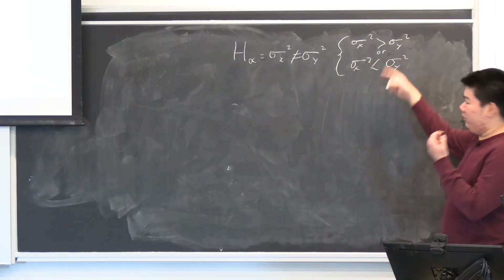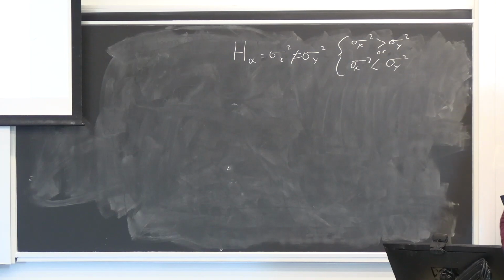Because if it's not equal to, it has to be one of these two. And in doing that, we can actually split our rejection region in two.